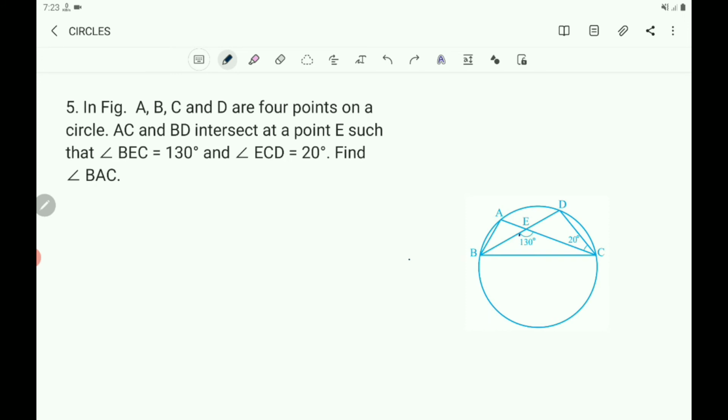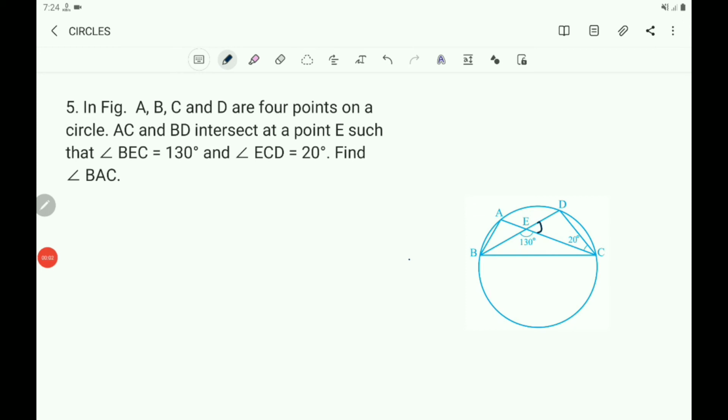Here it is given this angle is 130 degree and this angle is 20 degree. Now try to get this angle. And you know that these two angles form a linear pair. So 180 minus this angle gives the measurement of this angle DEC. If you got angle DEC, then try to get angle BDC. How will you get angle BDC? That is, take the triangle EDC.